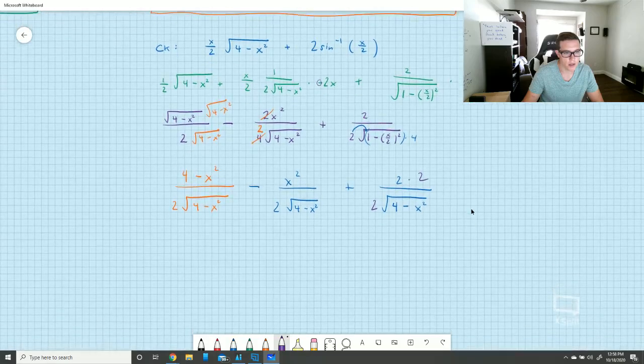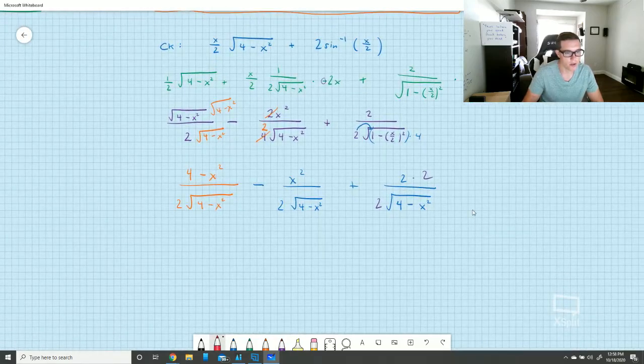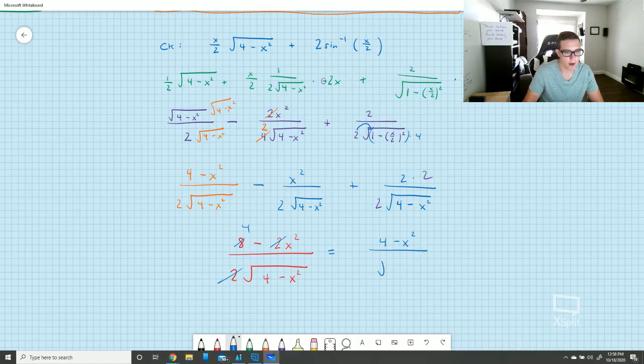All right, so now I am going to simplify this into one fraction. 4 minus x squared plus 4 is 8. 8 minus 2x squared all over 2 rad 4 minus x squared. 2's cancel, so I can turn this into a 4 and this into this. So I end up with a 4 minus x squared up top over radical 4 minus x squared.